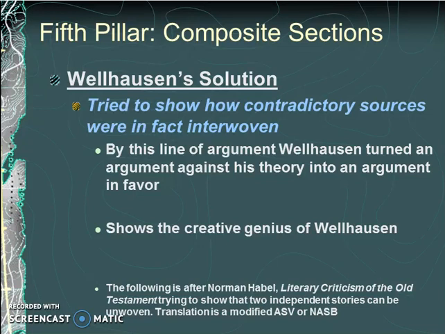Wellhausen tried to show, though, that these contradictory sources did exist, but were interwoven together. And by this kind of clever argumentation, Wellhausen turned an argument against his theory into an argument in favor of it.